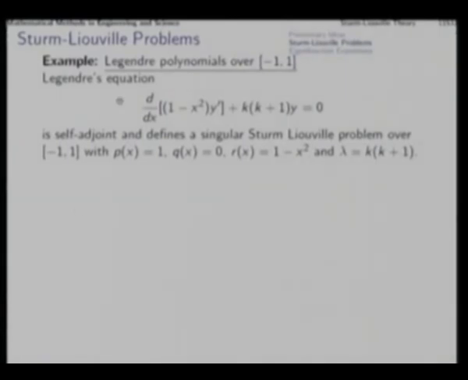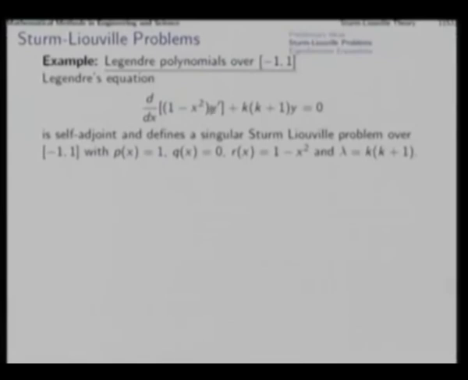Say we take the Legendre equation, which is this. The two terms having y double prime and y prime we have put together here, and k(k plus 1) is sitting in the place of lambda, the eigenvalue. Here in place of Rx we have got this function, in place of Qx we have got 0, in place of Px we have got 1, and in place of lambda we have got k(k plus 1).